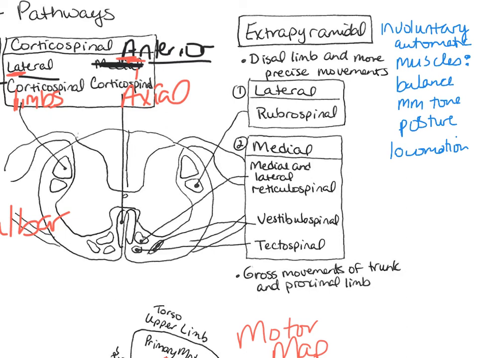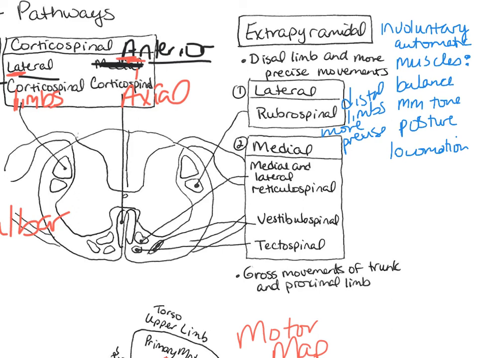So it's all those automatic things that you really don't need to know about. There's two pathways, lateral and medial. The lateral one is going to control the distal limbs, more precise movements. Where are your distal limbs? Right. Forearm down to your hand, shin down to your feet, right?